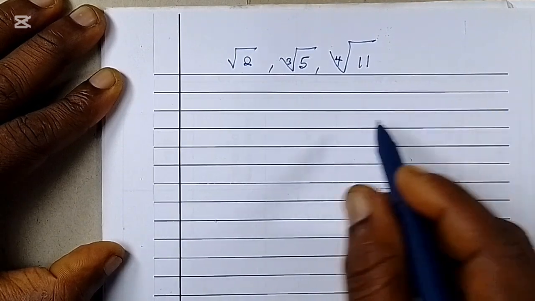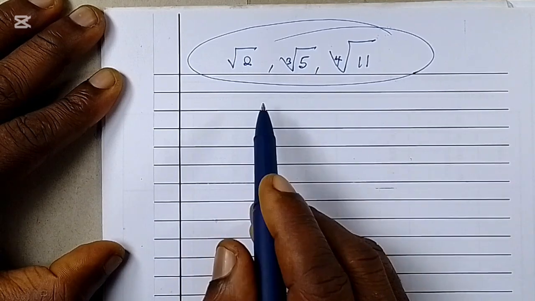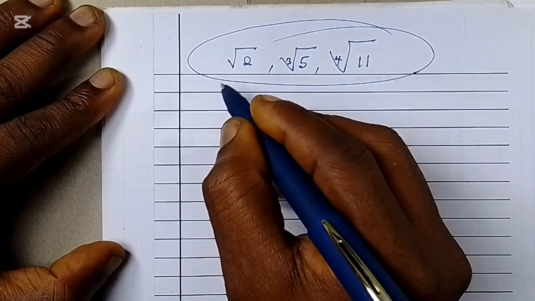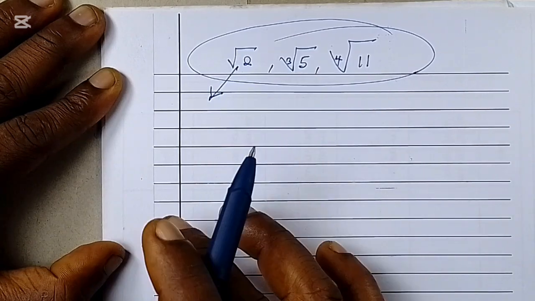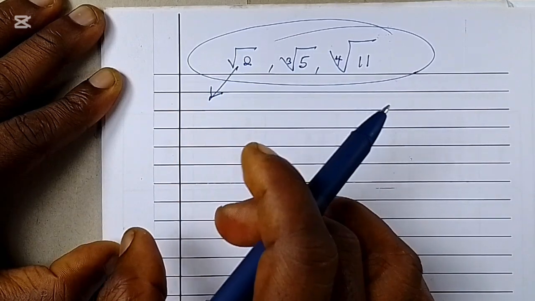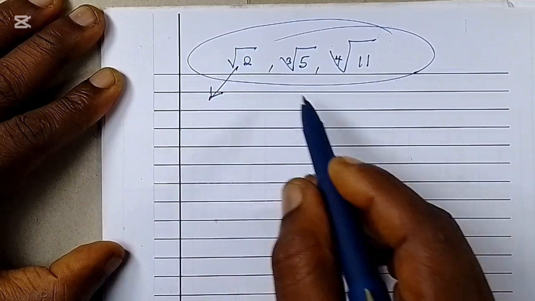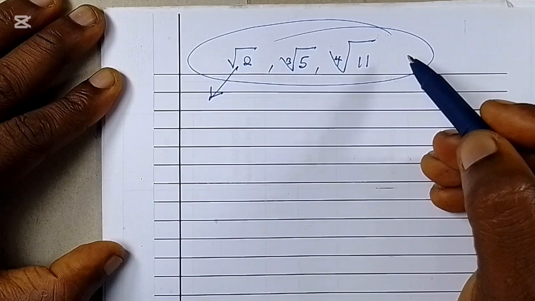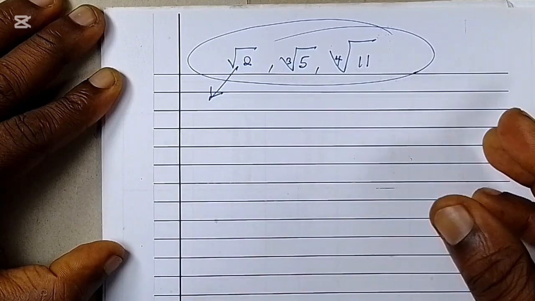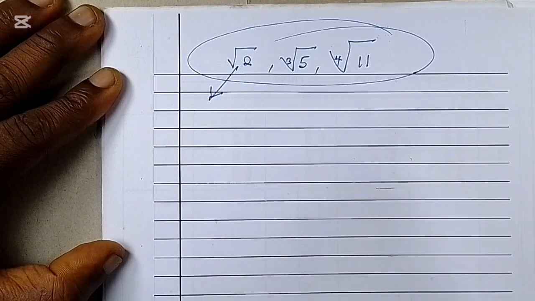So these are examples of surds. However, the kind of surds we call quadratic surds are this type. Any surd that is formed by taking the square root of a rational number is called a quadratic surd. However, surds that are formed by taking higher roots, like the cube root, the fourth root of any rational number, are called non-quadratic surds or higher degree surds.